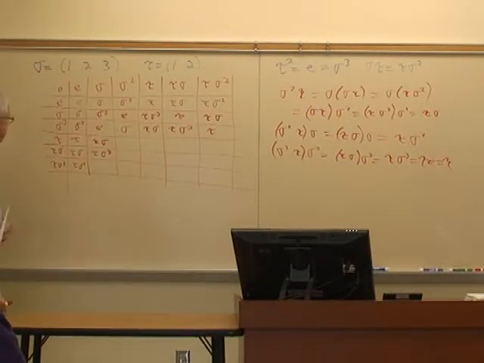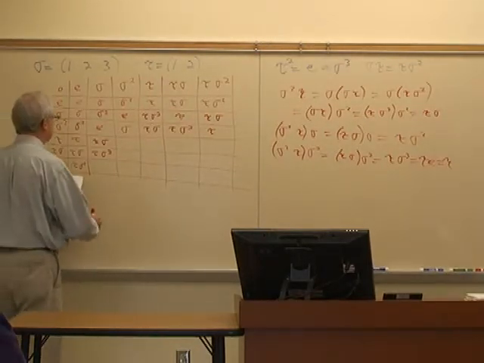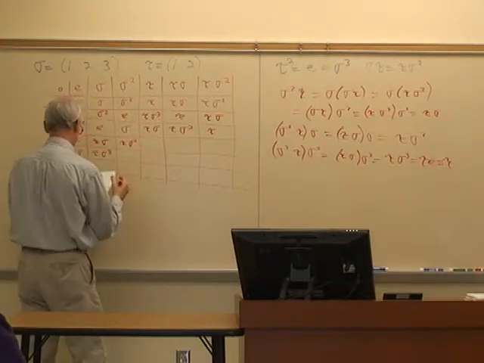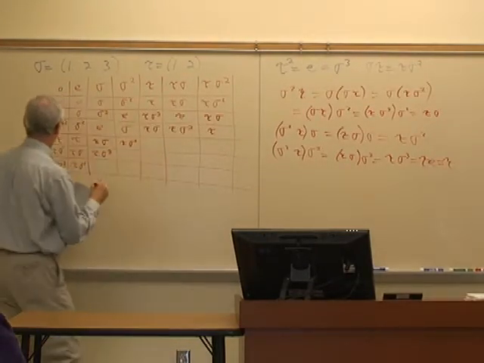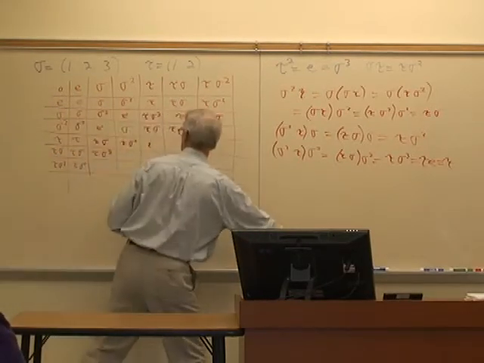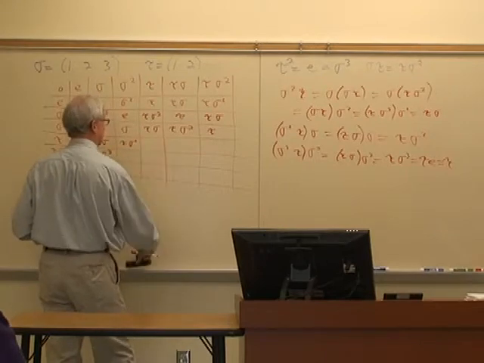So that's the idea. Let me just fill out the rest of the table, because I've done my homework. This is sigma squared. And then tau times tau is the identity. That's easy. I'm using E, so I better stick with my convention.